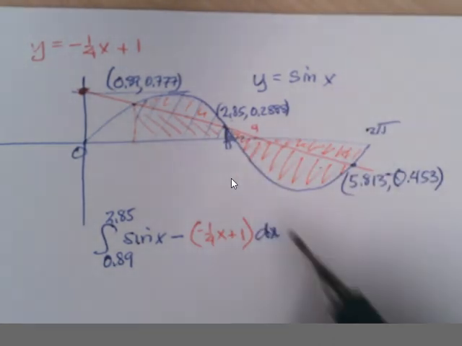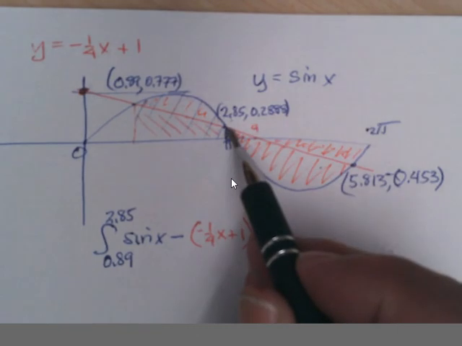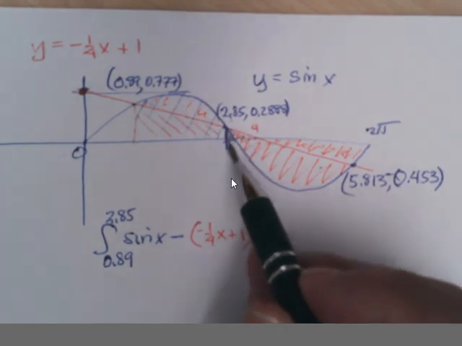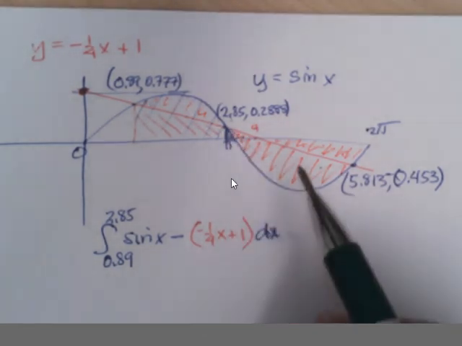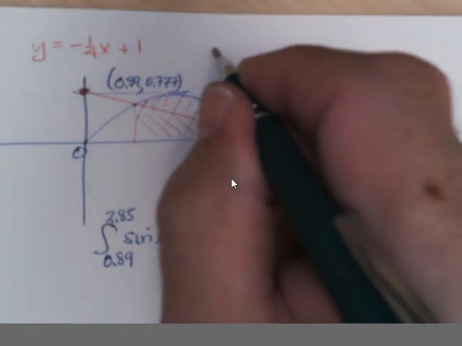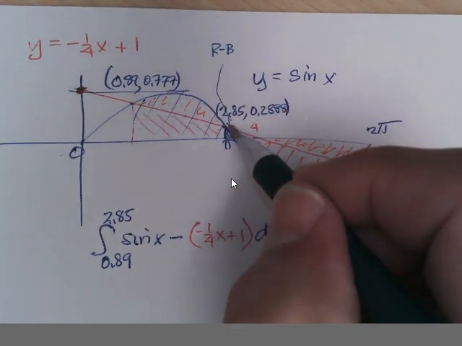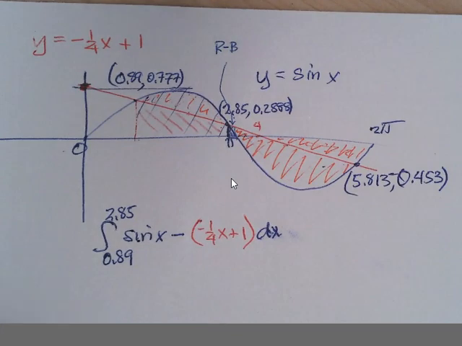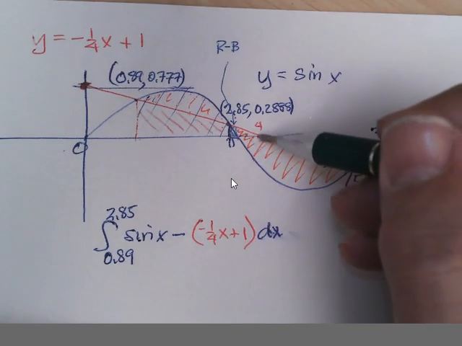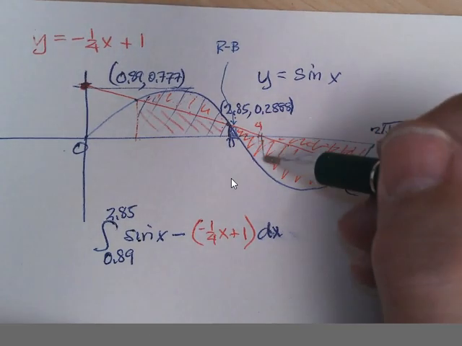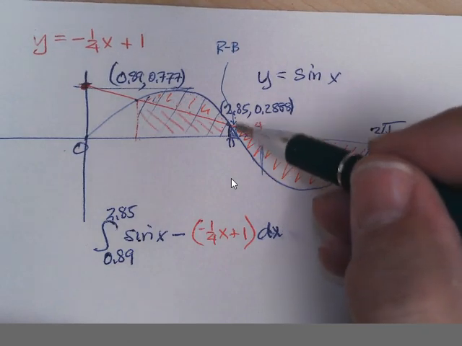And so I would want to take the area under the red curve minus under the blue curve. So I want to do the red minus the blue for this little piece. Then the next section, where this crosses at 4, what would I want to do?